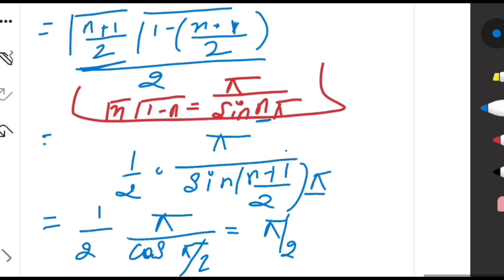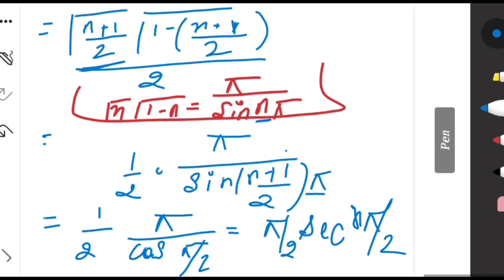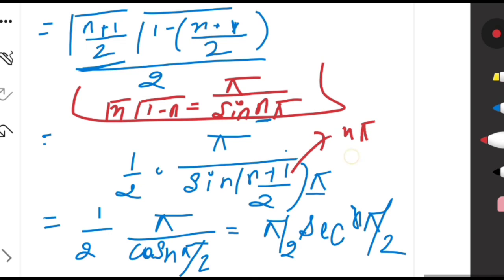I'm writing 1 by cos as secant of n pi by 2. Sorry, here it will be n. Let me clarify this one. When you multiply pi inside the bracket, this will be n pi by 2 plus pi by 2, and we know that sine of pi by 2 plus theta is equal to cos theta.